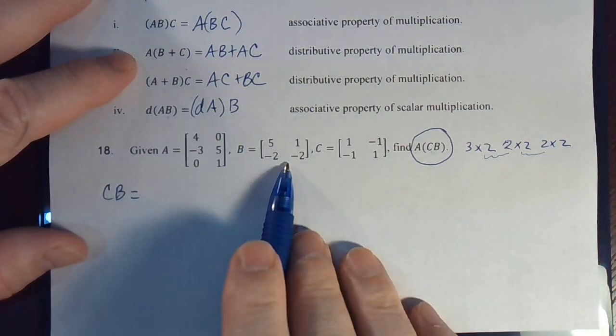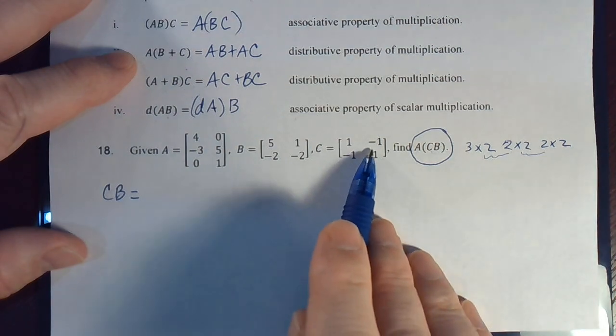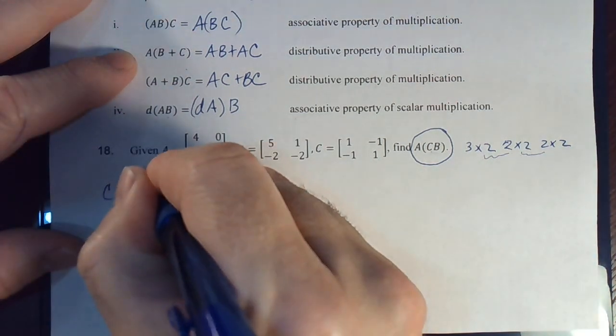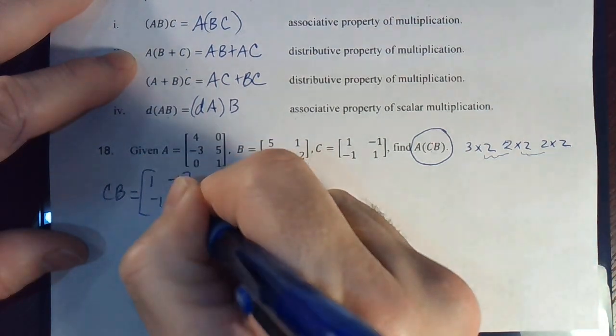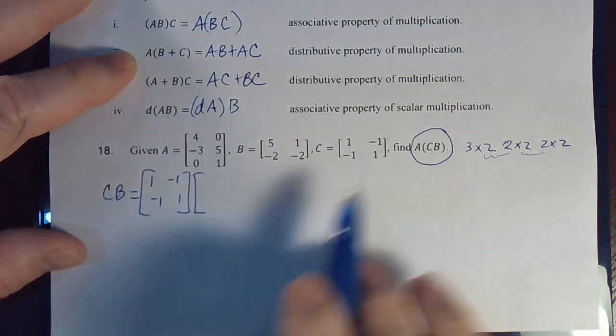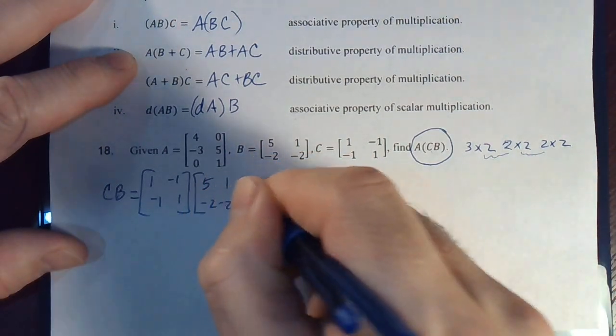CB is a 2 by 2 times a 2 by 2, which we know will give us a 2 by 2 result, a product matrix. So C is 1, negative 1, negative 1, 1. And B is 5, 1, negative 2, negative 2.